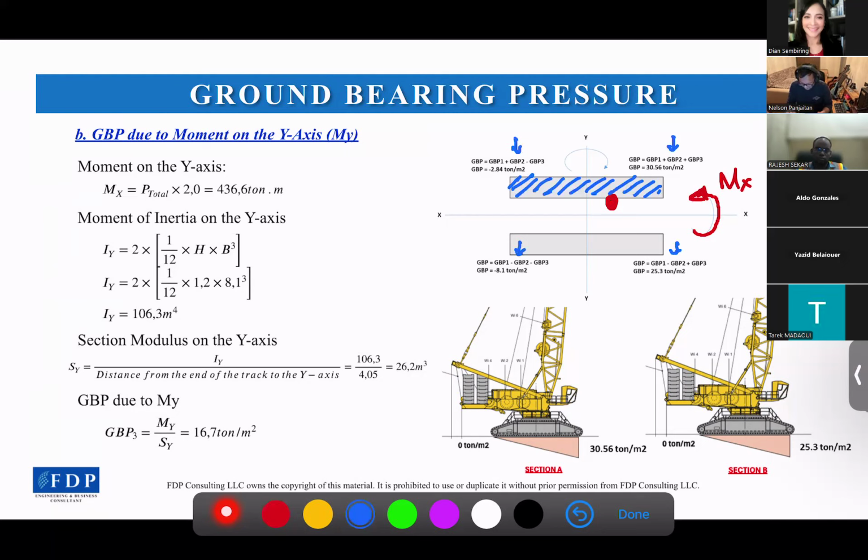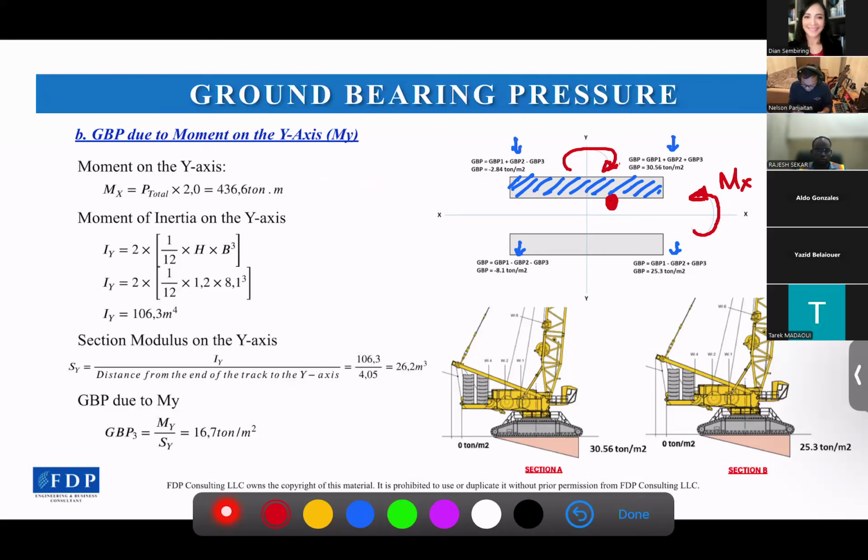That's because the rotating direction is giving more pressure to the Y positive tracks. Now the GBP3 is because of the moment about the Y-axis. Because the COG is located here, it will rotate the crane to this side, correct?